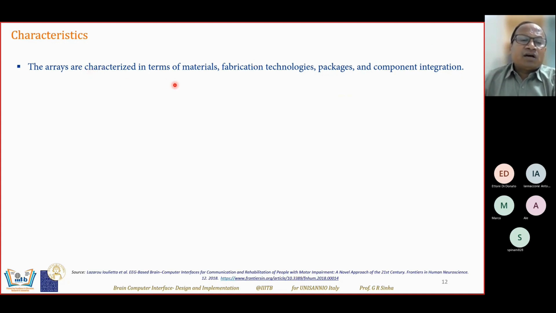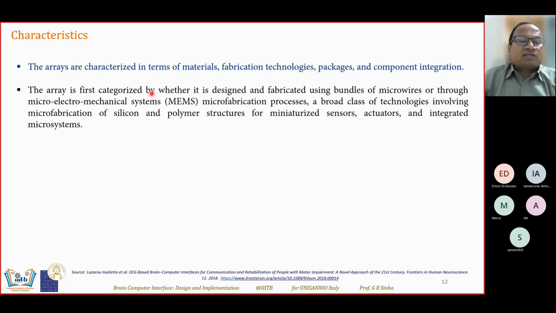Accordingly, this is how you can characterize the arrays: how good the array is, how well it is working, depending on all these characteristics. So while designing the BCI, what is your intended use? Accordingly, the array has to be chosen based on its characteristics or parameters.